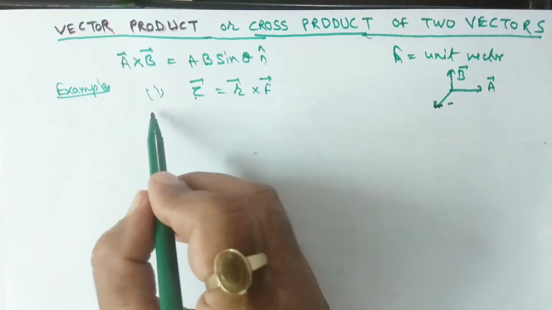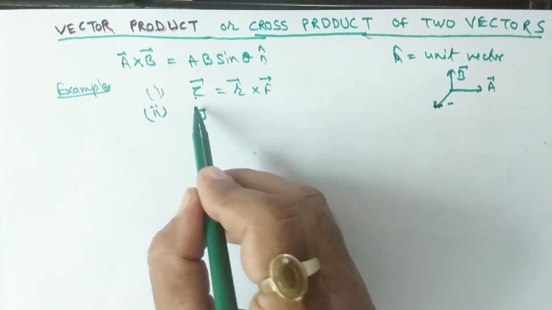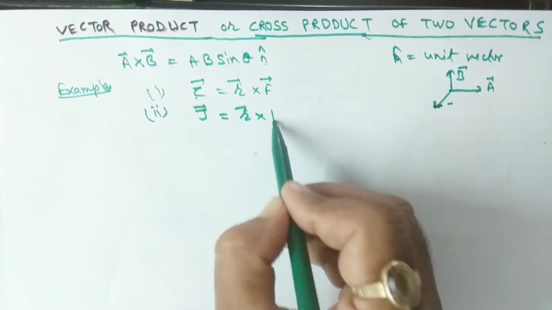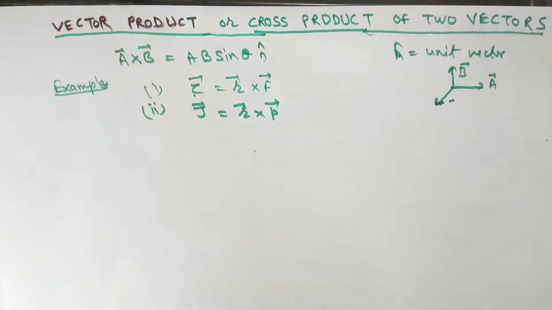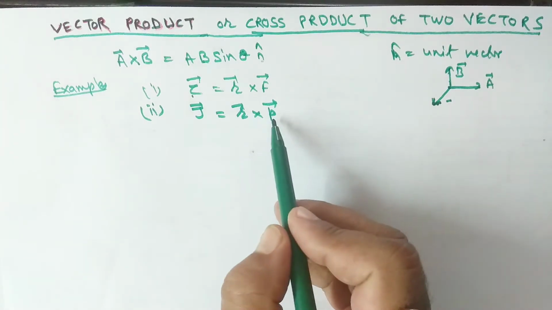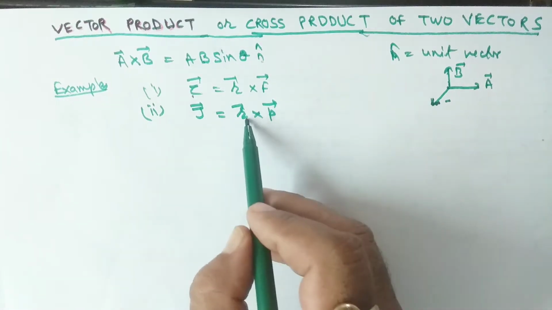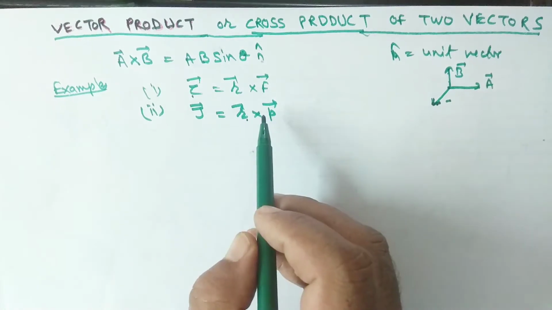Another example is the angular momentum, which is the product of position vector r and the linear momentum. That's why we say it is the moment of the linear momentum, which is equal to the angular momentum. Here the linear momentum is multiplied by the position vector r, and this is the angular momentum, again a vector quantity.